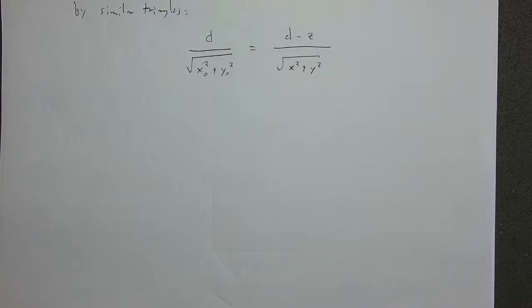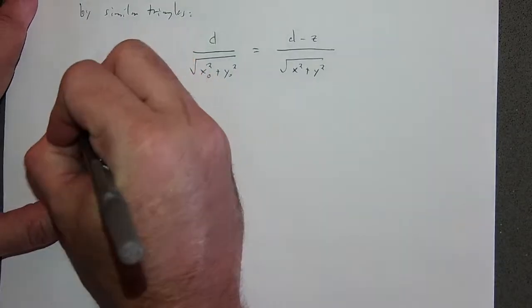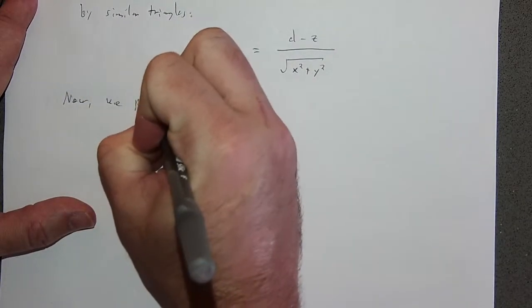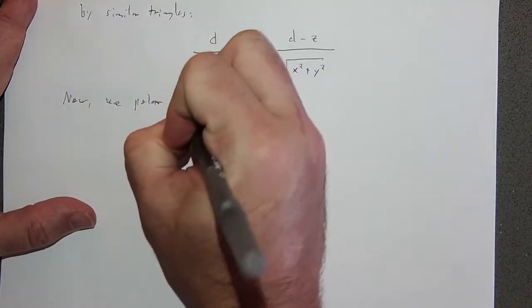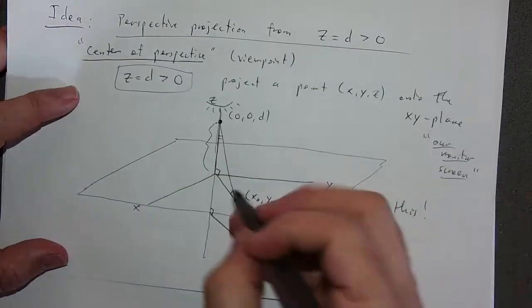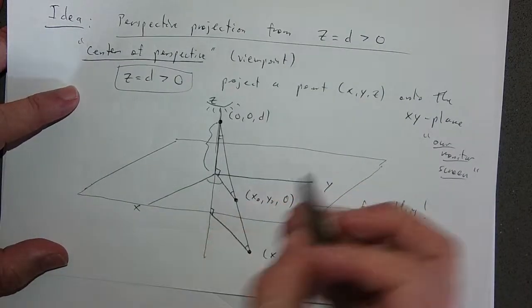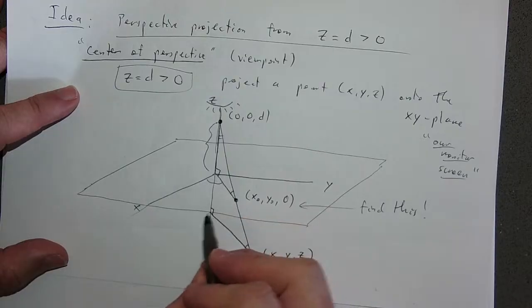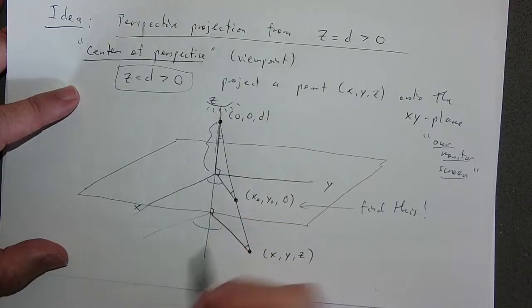Okay. Now, use polar coordinates here. If I use polar coordinates, going back to this picture, measured from the positive x-axis, both of these things, right? Think about the x-axis here, translated down.